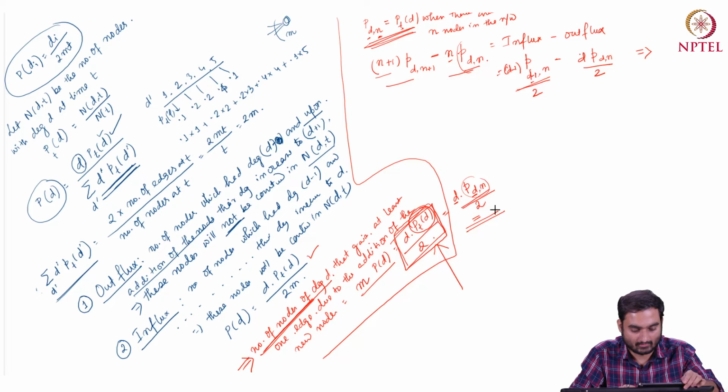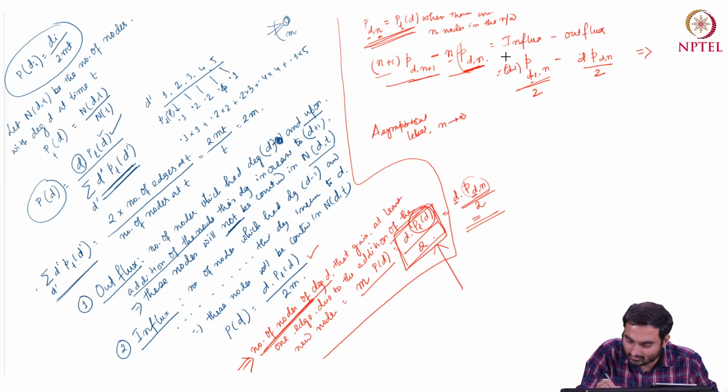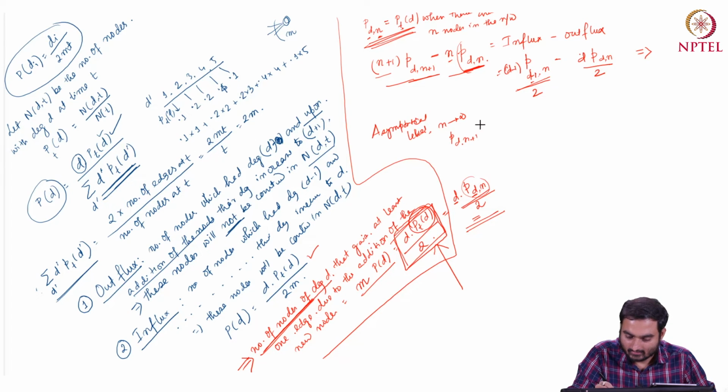Okay. So in the asymptotic limit, meaning when n tends to infinity, all these notations, like p of d n plus 1 and p of d n, these two things would be same.